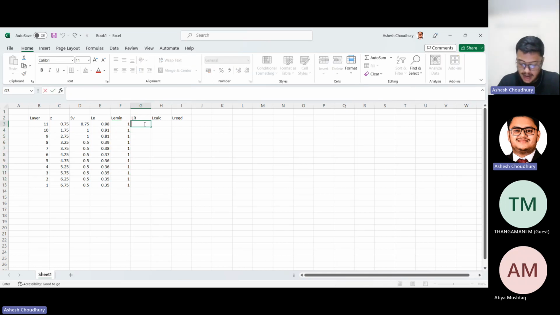Now let us give it LR. LR is 3.88 minus 0.55 times much.